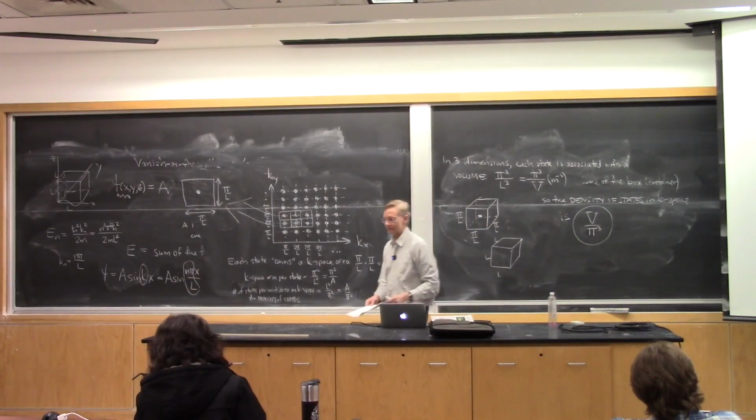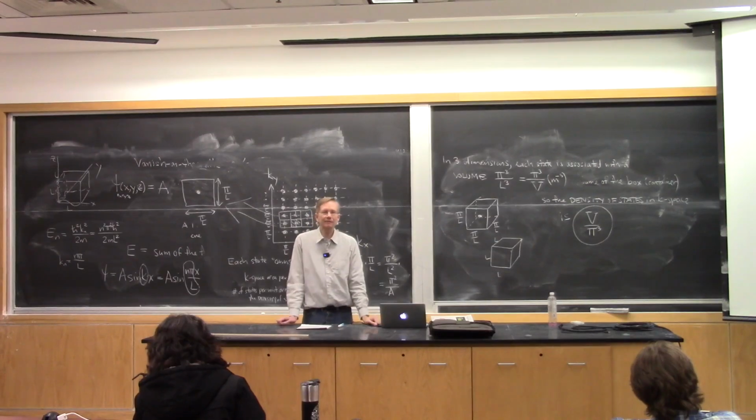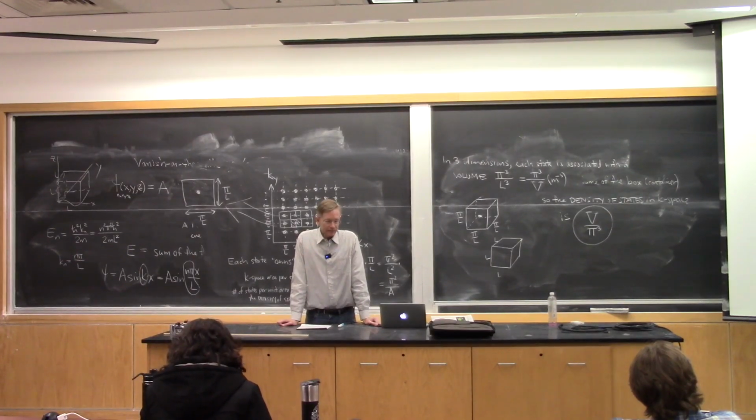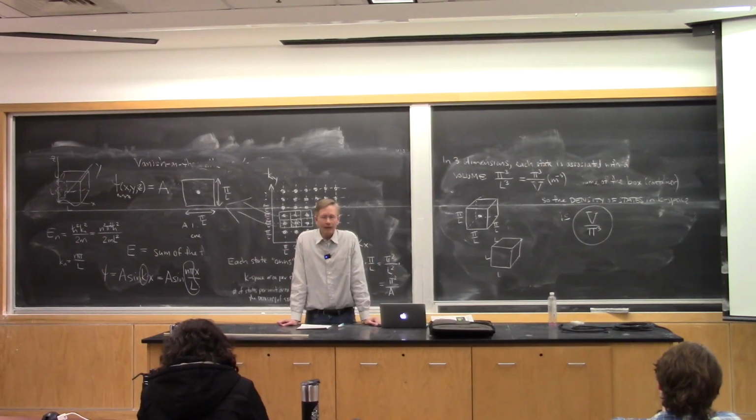Now, I'll say some stuff that maybe won't make that much sense to you, but I just want to plant a seed here. In quantum mechanics, we typically talk about the wave function as a function of x, y, and z. That's in coordinate space. But you can also write a wave function in momentum space, a function of p sub x, p sub y, and p sub z.